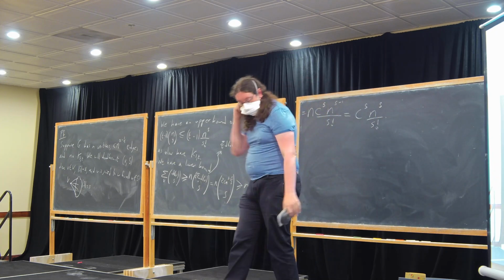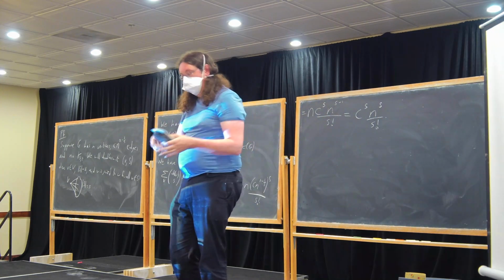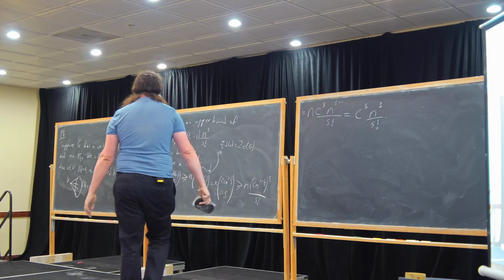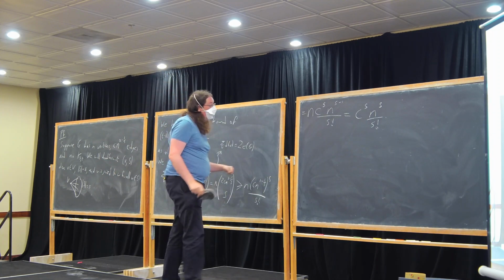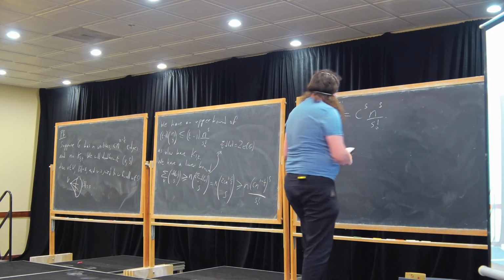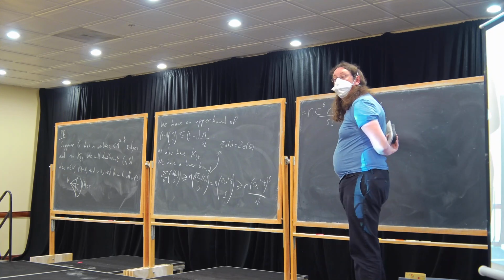Okay, so now we're bounding this quantity. We have an upper bound and a lower bound. It's upper bounded by this, it's lower bounded by this. So if c is too large, this is a contradiction.